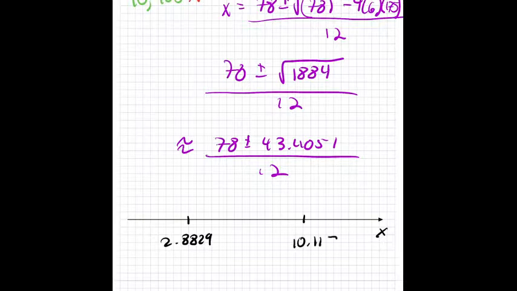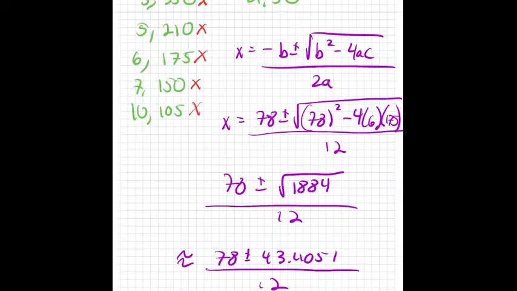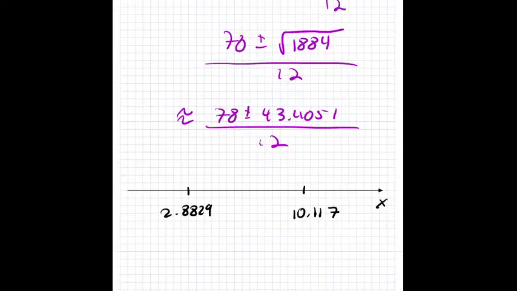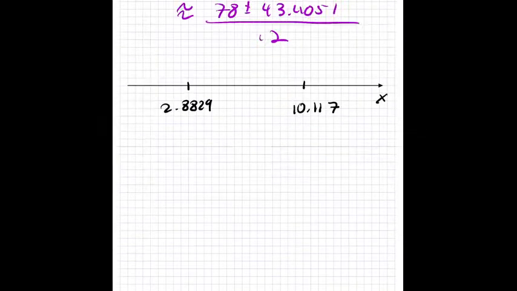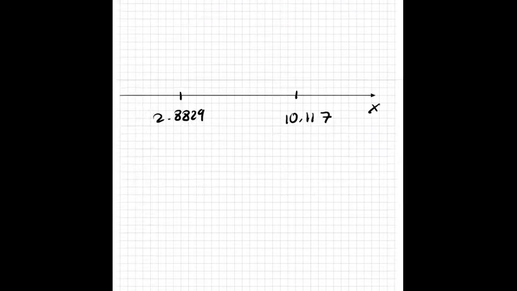So what we're saying here is that when we plug these into V prime, they should be zeros. So we want to see how the original function behaves on either side of these.